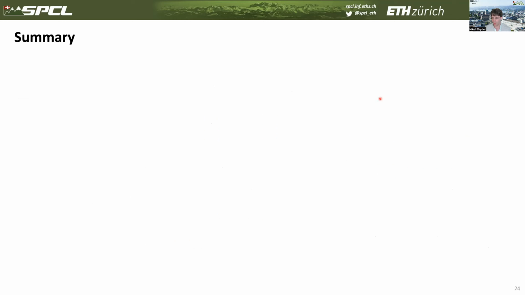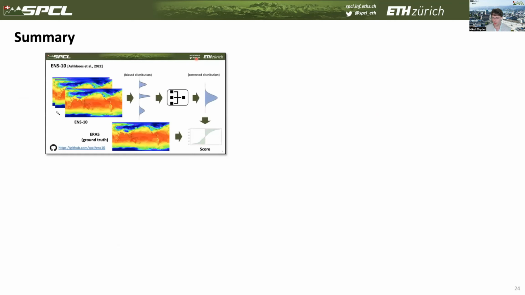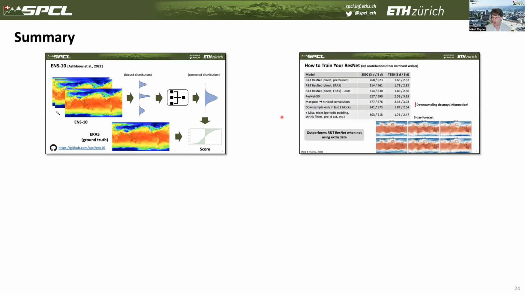Now I just want to wrap up. We've seen a lot of stuff. First, we introduced the ENS10 dataset, a dataset for post-processing numerical weather prediction ensembles. Then we looked at how you delve deeper into understanding the accuracy and performance of your neural network architectures.